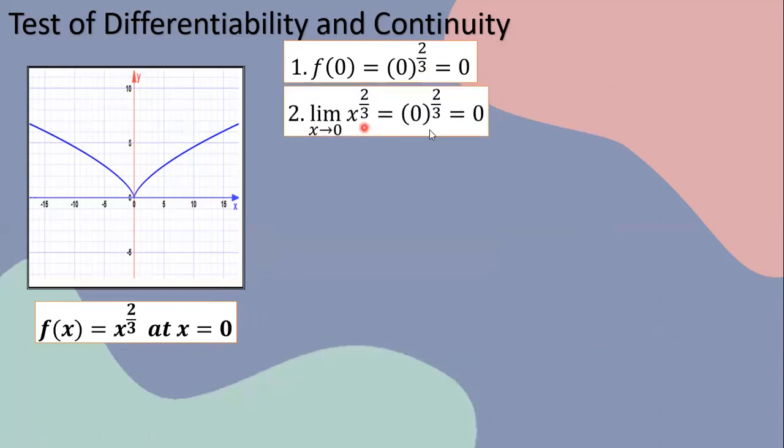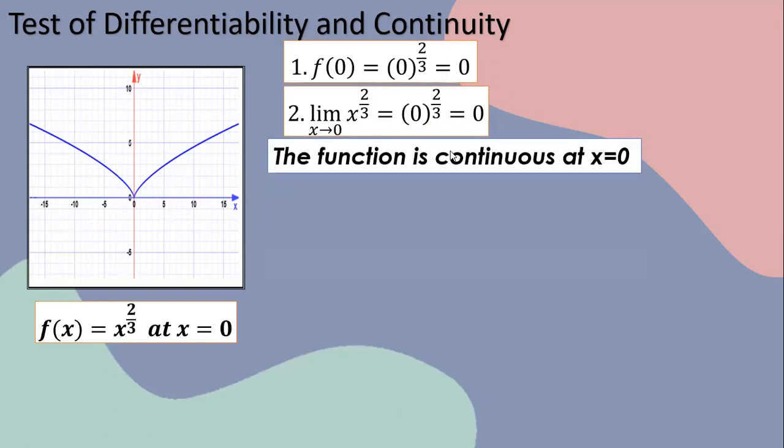Next, the limit of x raised to 2/3 as x approaches 0 is equal to 0 raised to 2/3, so that is also equal to 0. We got a value of 0 for the first and second test. Since they have the same value, which is 0 as well, the function is continuous at x is equal to 0.